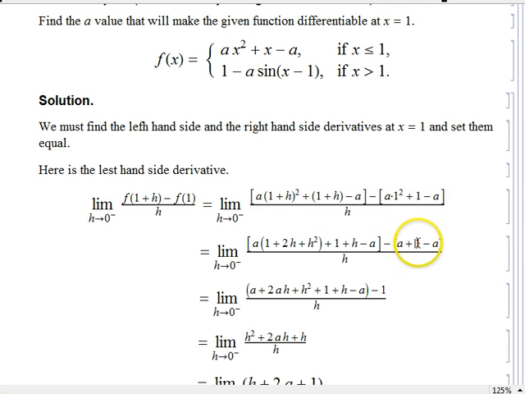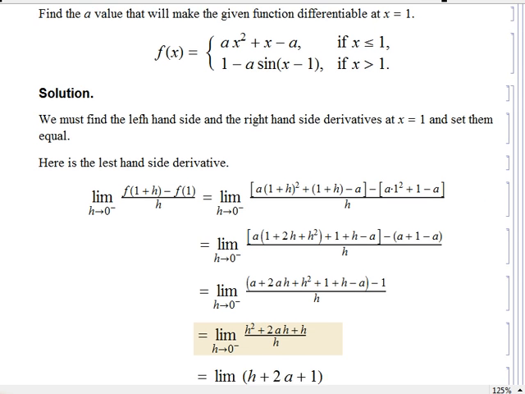And we end up with a plus 1 minus a. Here, breaking up this parentheses with a complete square and so on, we get this manipulation. Then after some further computation, taking like terms together, we have something like that. With some further simplification, we have h squared plus 2ah plus h, and we have a cancellation. Everything has h. So cancelling out those h, what do we have?